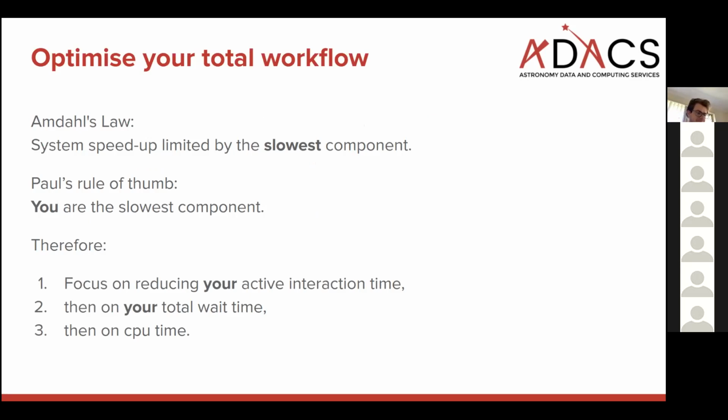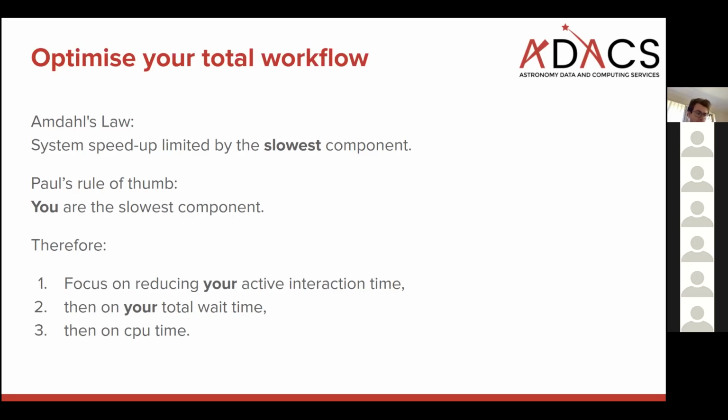And so in order to optimize your total workflow, what you should firstly focus on is reducing your active interaction time. So if you have some blindingly fast scripts that run on a supercomputer somewhere, that's fantastic.